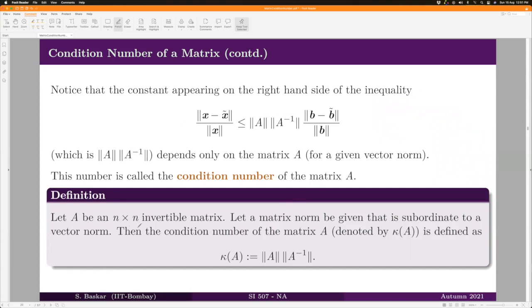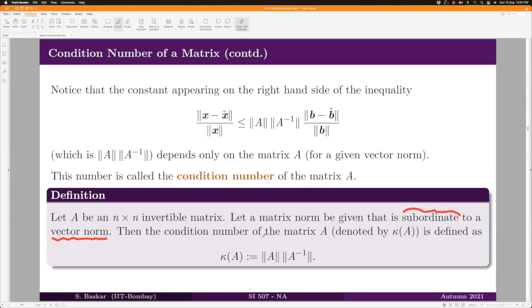Let A be an n cross n invertible matrix. Let a matrix norm be given that is subordinate to a vector norm. Generally, it should have been written in the reverse way. That is, given a vector norm, we should take the corresponding subordinate norm. Okay.